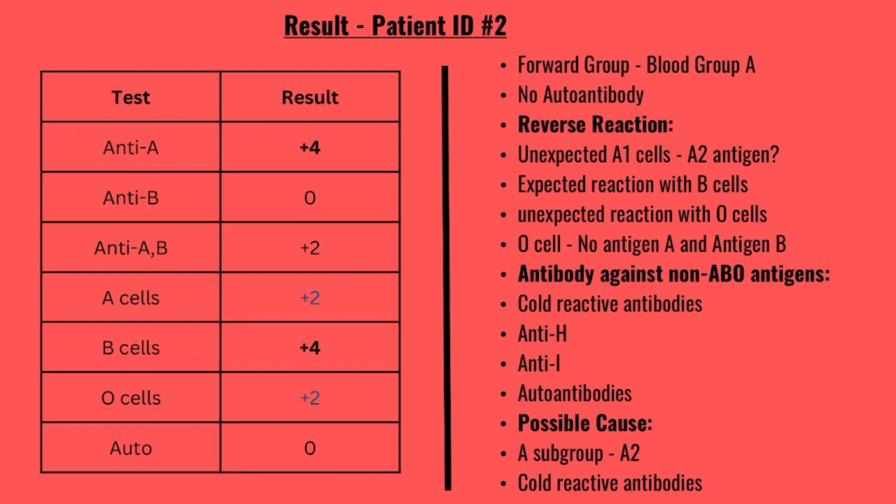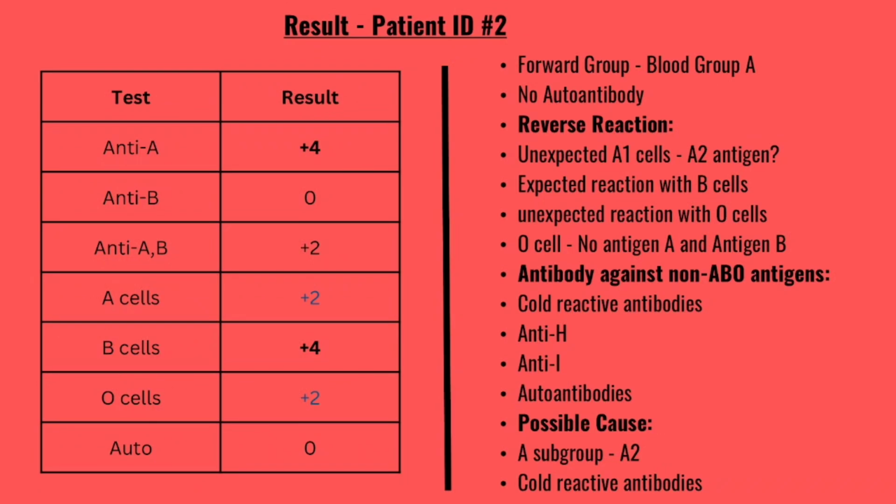What that means is that there is possibly an antibody against known ABO antigens. These antibodies could be something like cold reactive antibodies, maybe anti-H or anti-I, or auto-antibodies. But remember, from our presentation so far, we are going to rule out auto-antibodies, because the auto is actually negative.